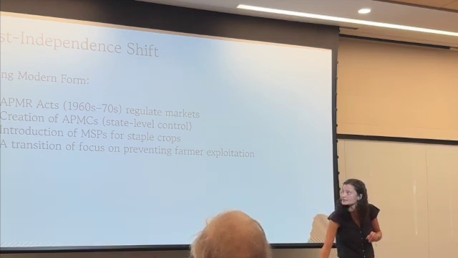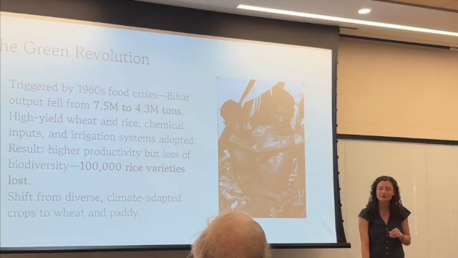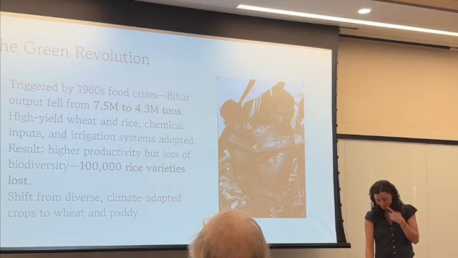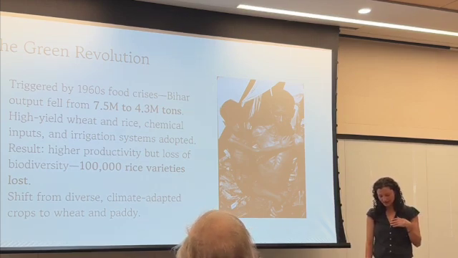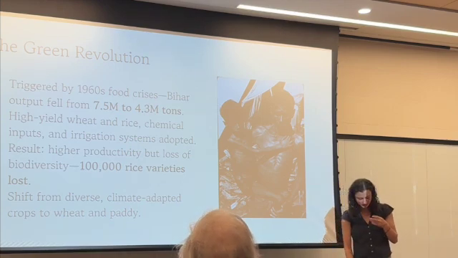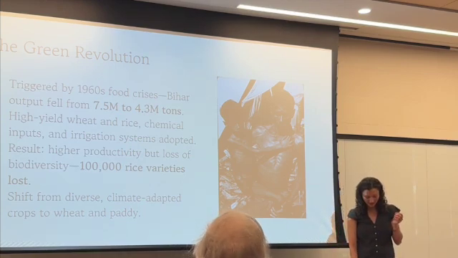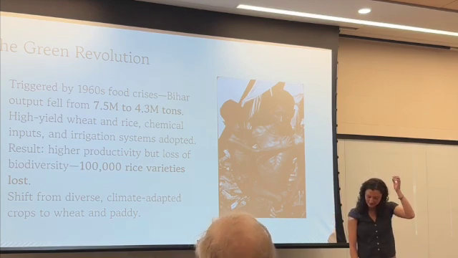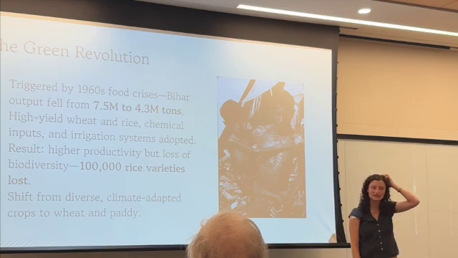At the same time, it's important to consider that the Green Revolution was taking place. There were a number of challenges throughout the 60s, including famine and drought. One notable example is the Bihar grain output, which fell significantly from 7.5 million tons to 4.3 in the span of 1 year in the 60s.